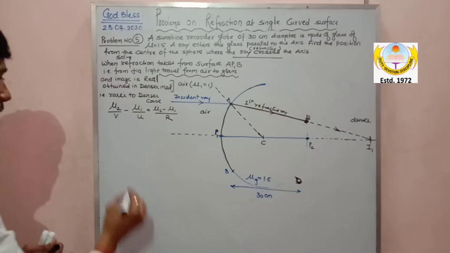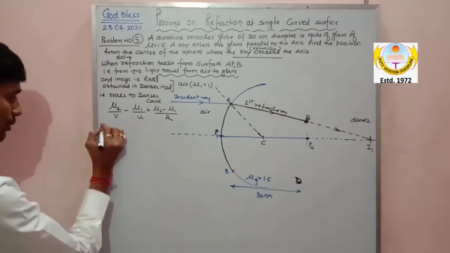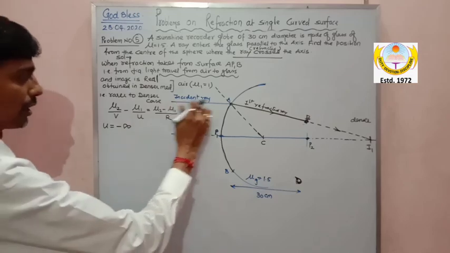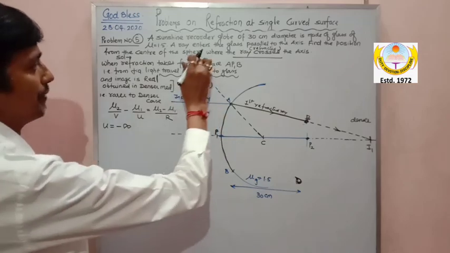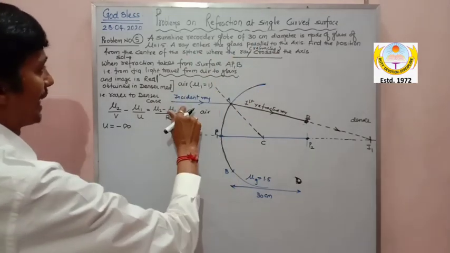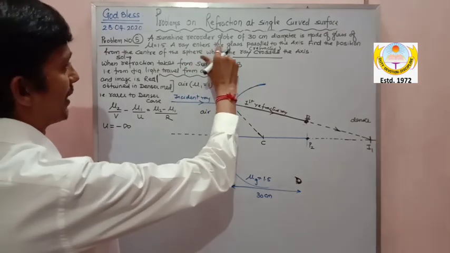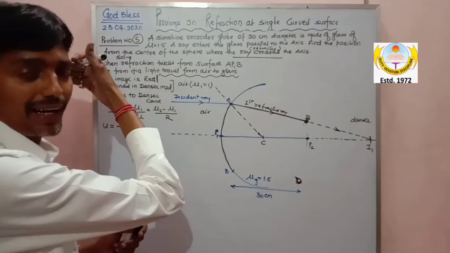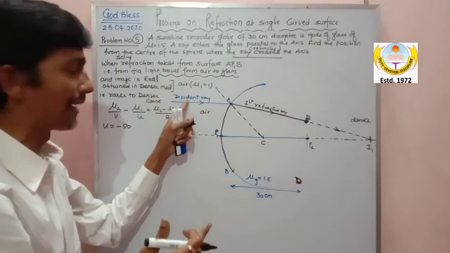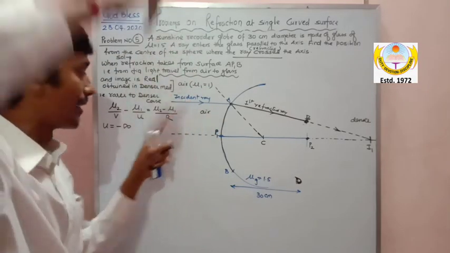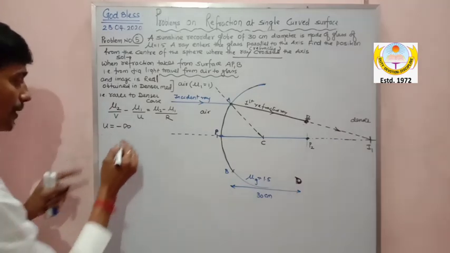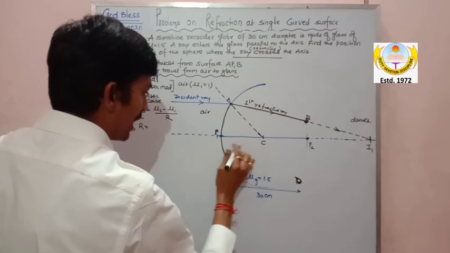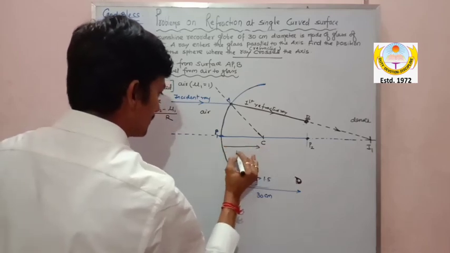Am I clear? Now here, my dear, from the question, u is equal to minus infinity, because the object is coming from, you can see the diagram, a ray enters the glass parallel to the axis, but this ray is coming from where? They have not mentioned. It means the ray is coming from a distant object. So u is equal to infinity. Sir, r is equal to, you can see this is r now, which is positive.